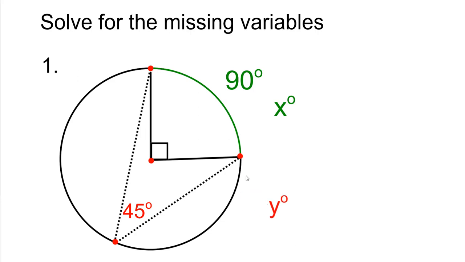So central angles are angles formed with the vertex in the center of the circle, and inscribed angles are angles formed with the vertex on the circle. They're always half of the central angle, and we measure the arcs by their central angle.